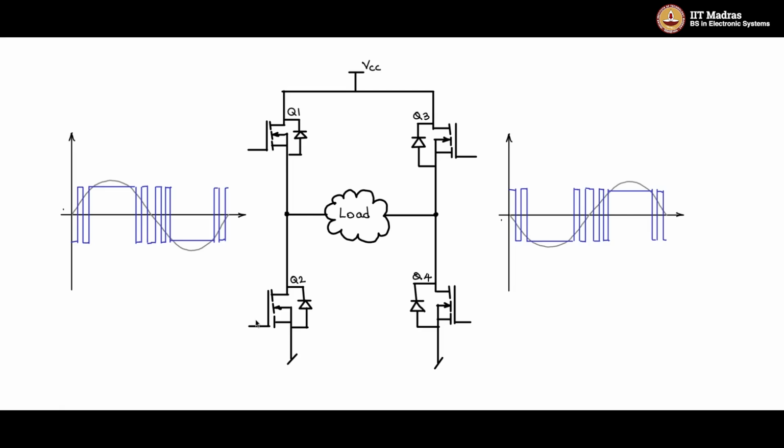However, there is a slight problem due to non-idealities. Let us say for example, Q1 is on, Q2 is off. Now at some transition here, Q2 has to turn on, Q1 has to turn off.